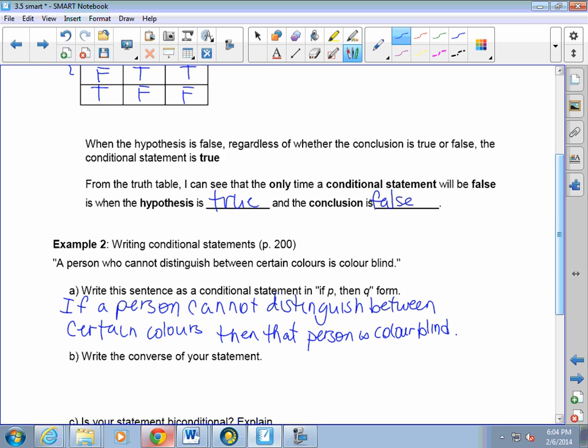So that is our conditional statement, where if P happens, Q happens. So P implies Q. If a person cannot distinguish between certain colors, then the person is colorblind.